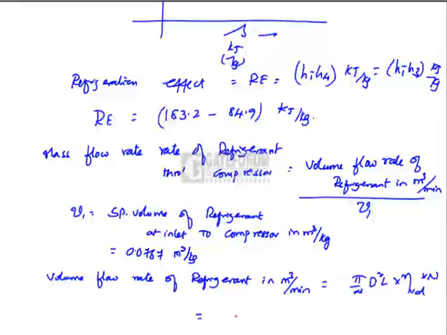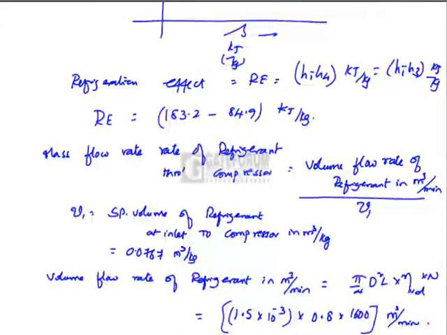Piston displacement is given as 1.5 liters into 10 power minus 3 so many meter cube. Volumetric efficiency is given as 0.8. RPM is given as 1600. This is the volume flow rate of the refrigerant in meter cube per minute.